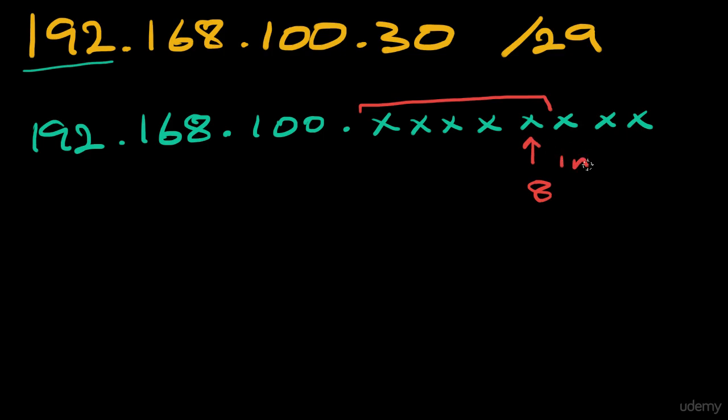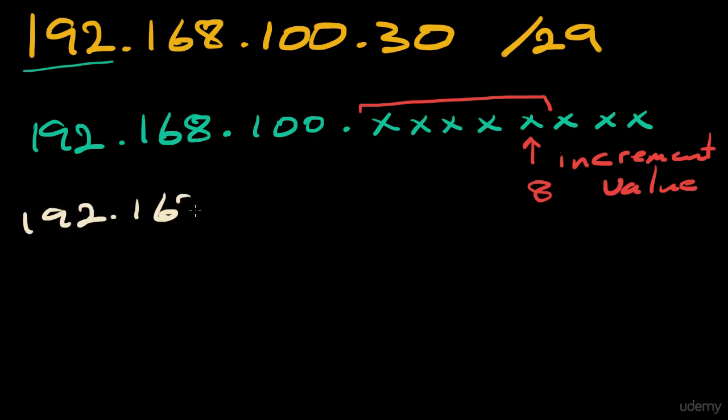So 8 is our increment value. The network IDs that they calculated from this, therefore, were 192.168.100.0. This is /29.